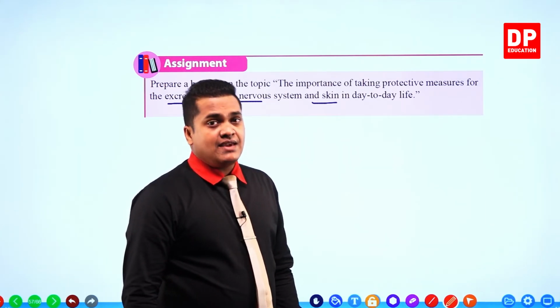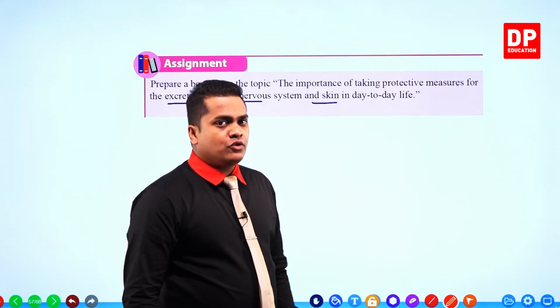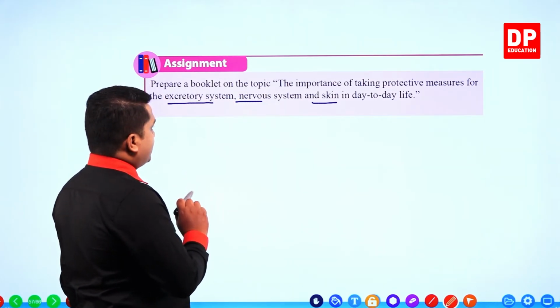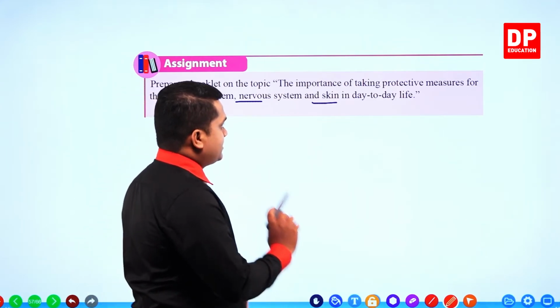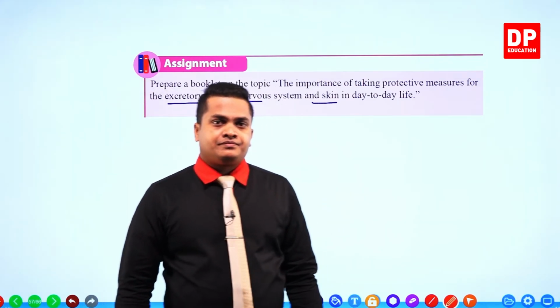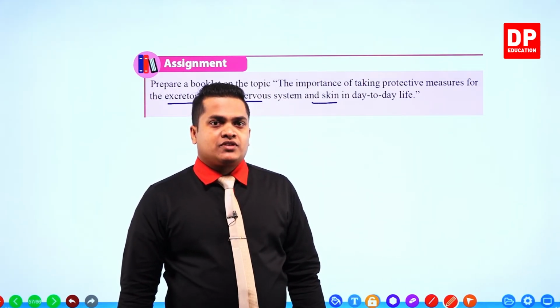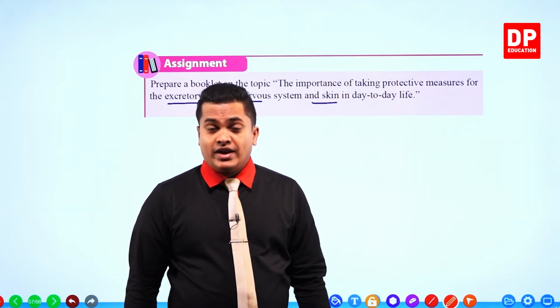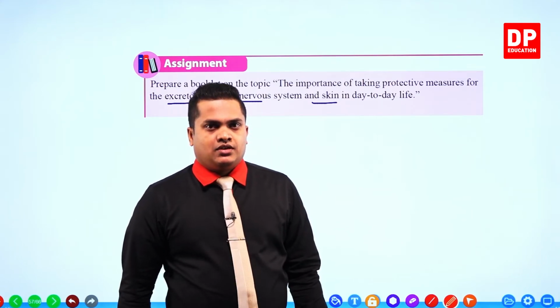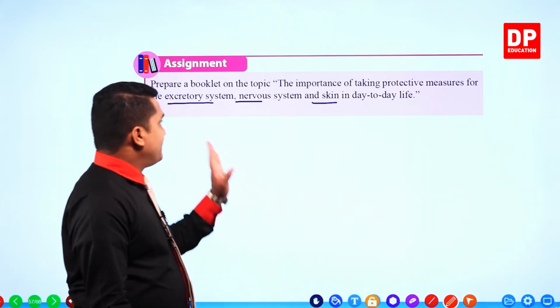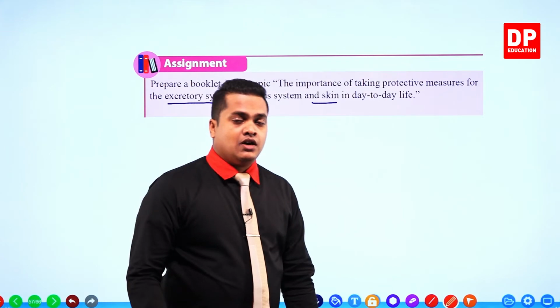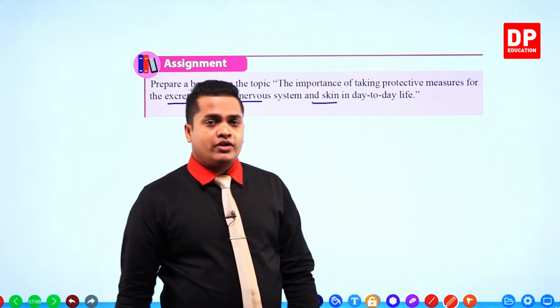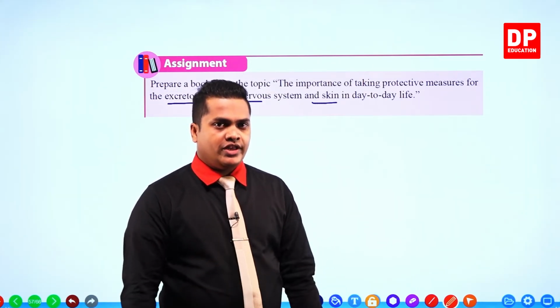So it's really important to take protective measures for the excretory system, nervous system and the skin in our day-to-day life. As I told you, the kidneys, if you take the excretory system, are very important to us. The nervous system is also very important to us during the process of coordination.